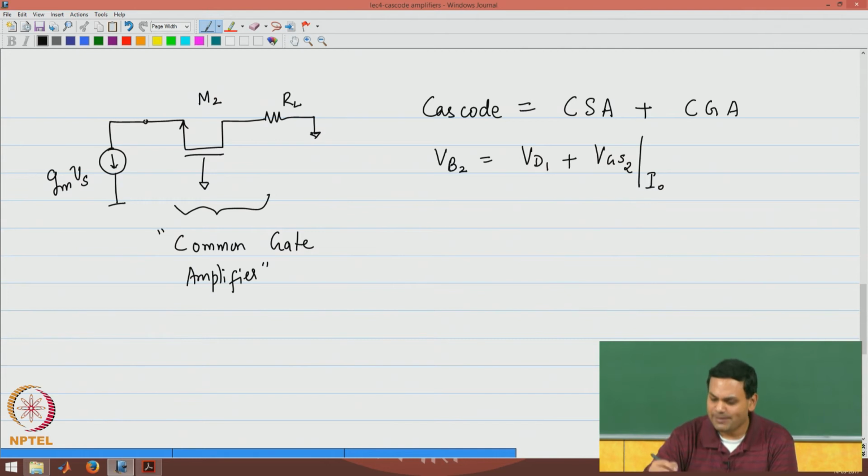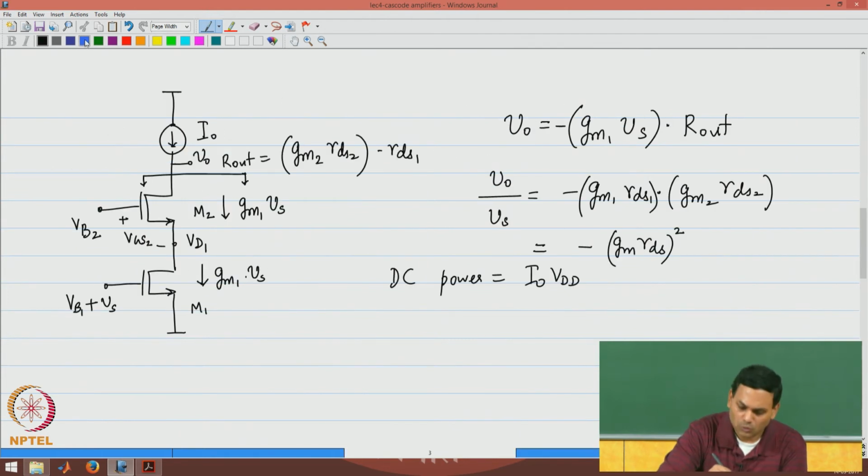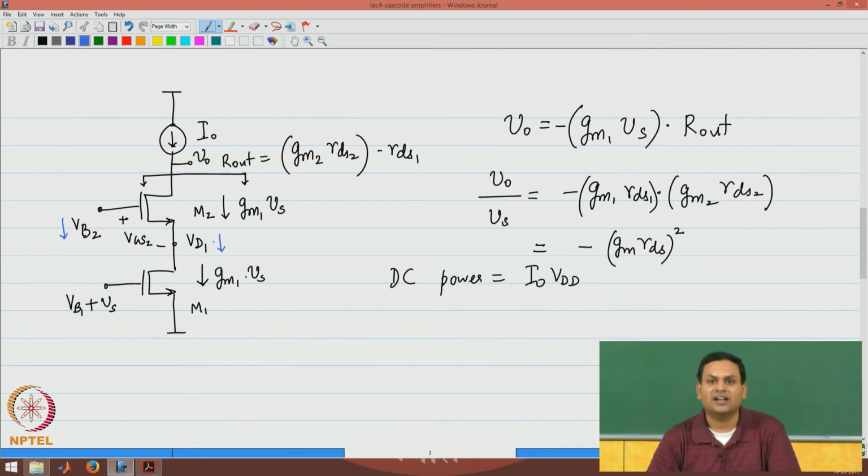So, if I keep decreasing VB2, VD1 will continue to decrease. Note that for transistor M1, the source node is at a constant voltage and the gate voltage is constant, while the drain voltage is dropping. Therefore, the transistor will start moving towards the triode region.